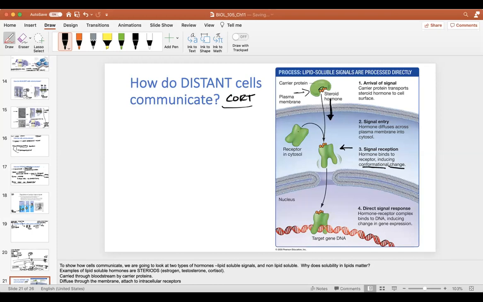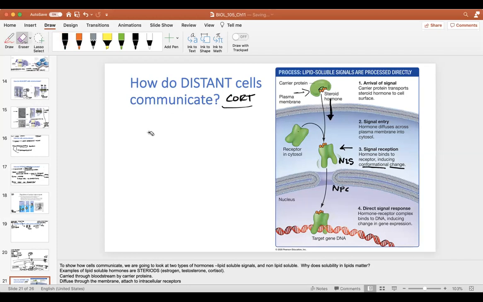Now, once we have this conformational change, this thing is going to travel through the nuclear pore complex, which incidentally means it must have a nuclear localization signal on it, right?